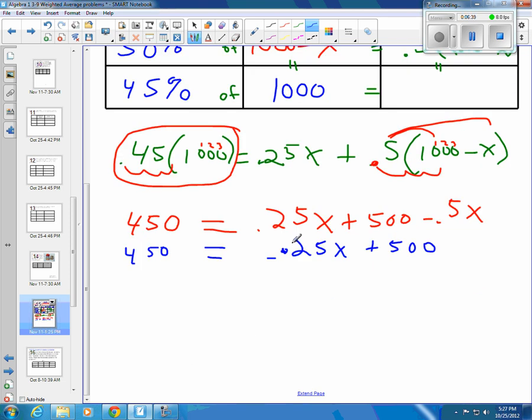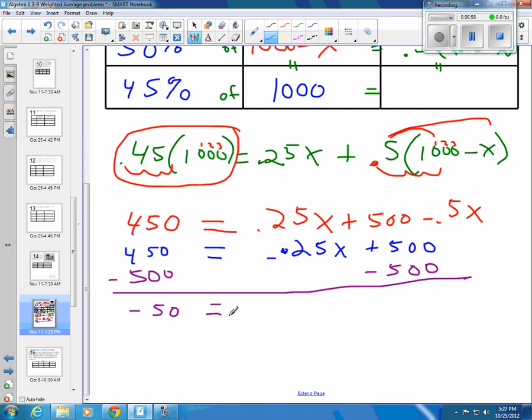Now I want to get x by itself, so I've got to get rid of the stuff with the x, and we get rid of addition and subtraction first. So I am going to subtract 500 from both sides. And that gives me a negative 50 on this side is equal to a negative 0.25x. And again, I don't think of things as decimals. I always think of them as fractions, and 0.25 is 1/4.